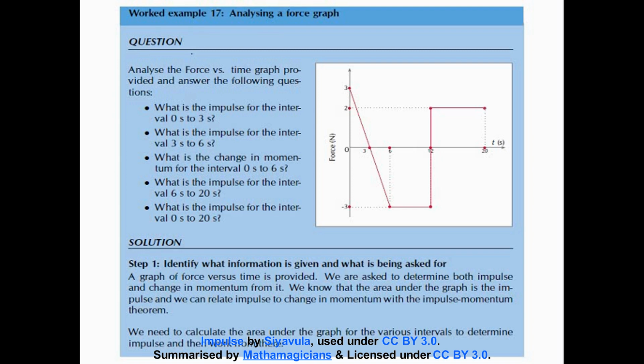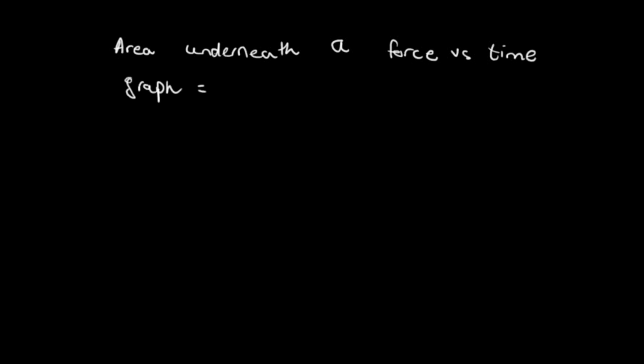We know that the area under the graph is the impulse, and we can relate impulse to change in momentum with the impulse momentum theorem. So that's one thing we need to remember: the area underneath a force versus time graph is equal to impulse.